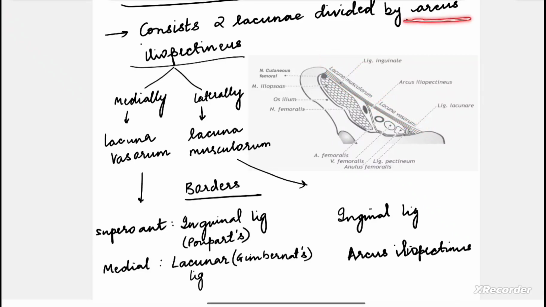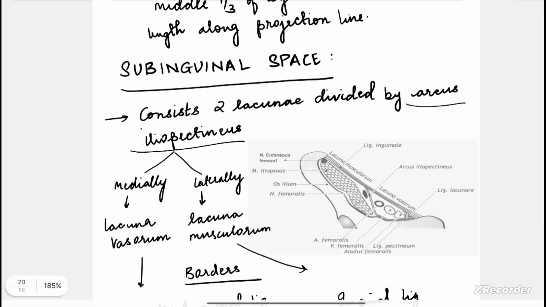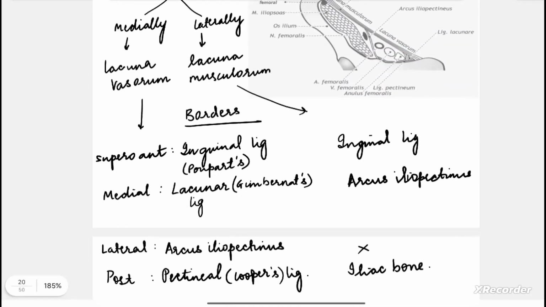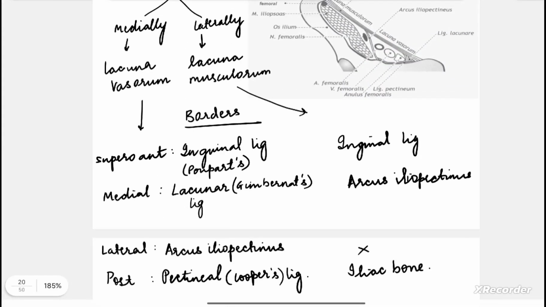This is the arcus iliopectineus, which divides the space below the inguinal ligament into the lacuna vasorum and lacuna musculorum. Now, the borders of the lacuna vasorum and lacuna musculorum.